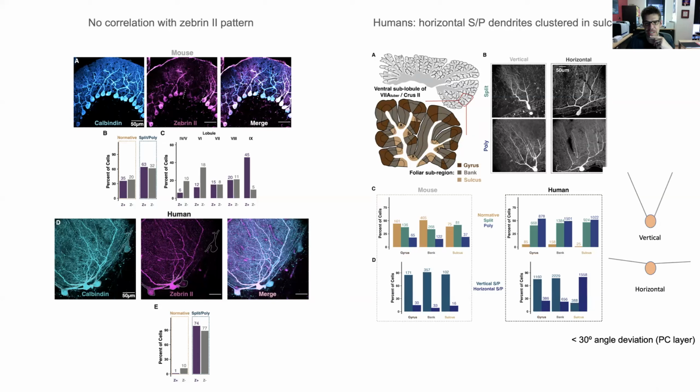That is quite interesting. We see a little bit here on the right side; on the left was the zebrin. We do see a little bit in the human that the multi-branch cells that have a very horizontal orientation seem to be more in the sulcus than in the gyrus or the bank. So there are a few local differences.